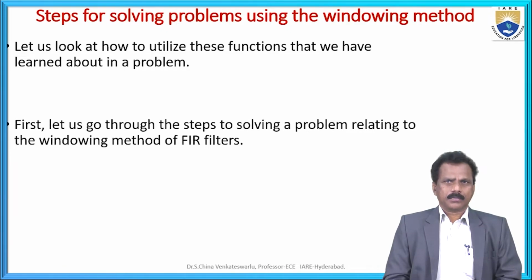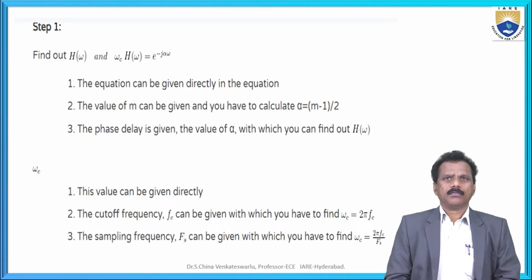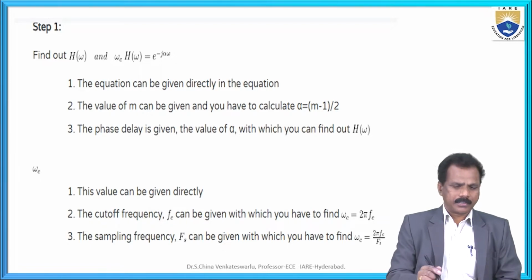First, let us go through the steps to solve the problem related to the windowing method of the non-recursive filter, that is, the finite impulse response filter. Step 1: find H(omega), where H_d(omega) is equal to e power minus j alpha omega. This is the first step.